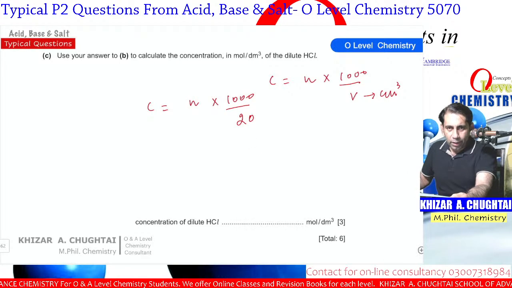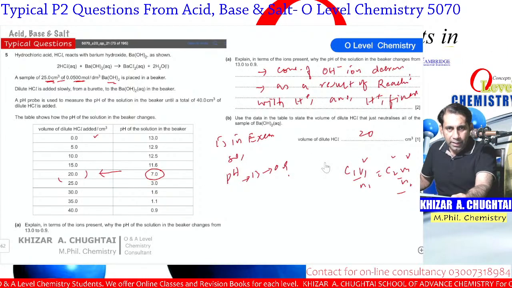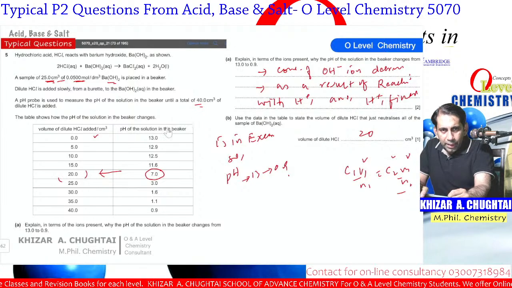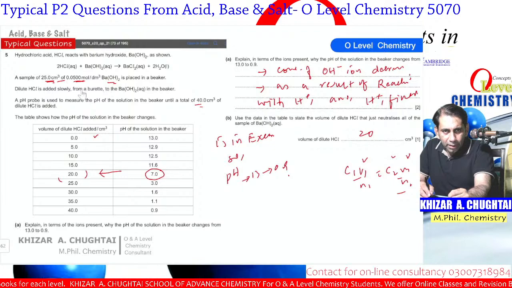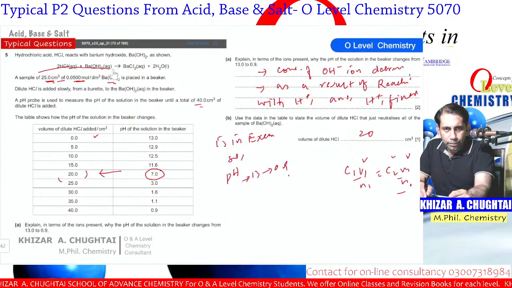I am going backward to see the data of this one. Dilute HCl, it's having total volume 40 centimeter cube. And where is the second one data? You can say that barium hydroxide is 25 centimeter cube.